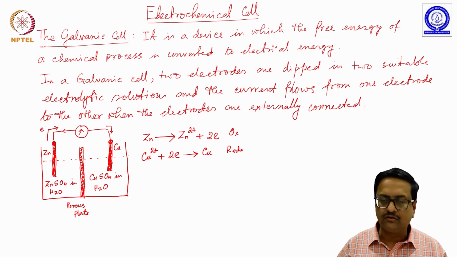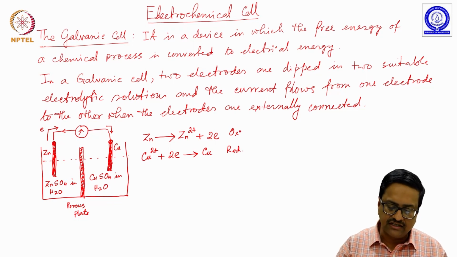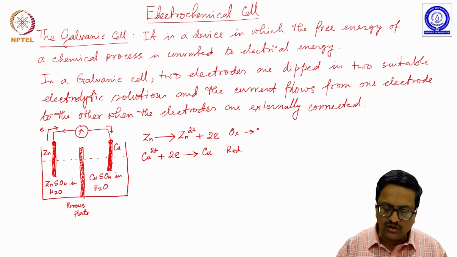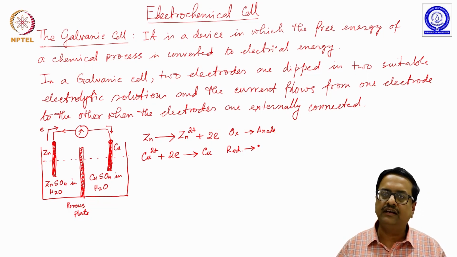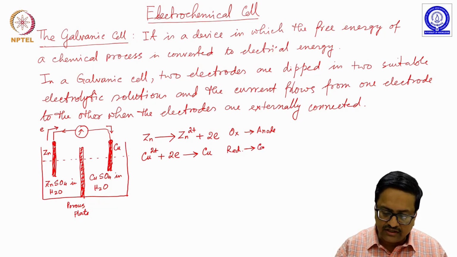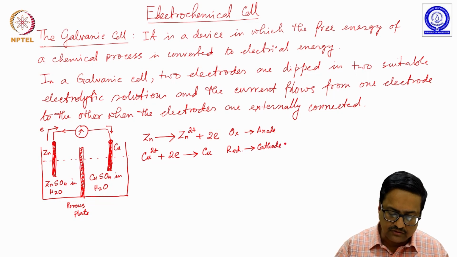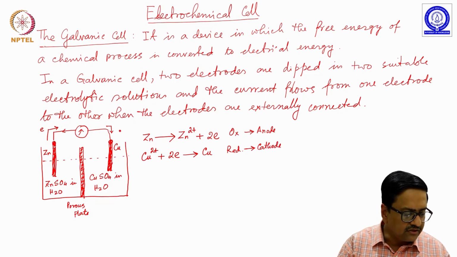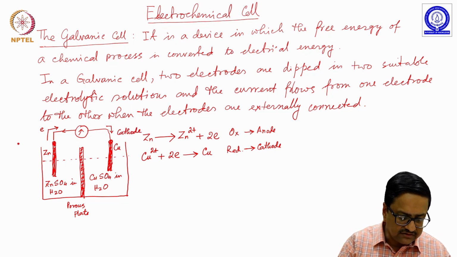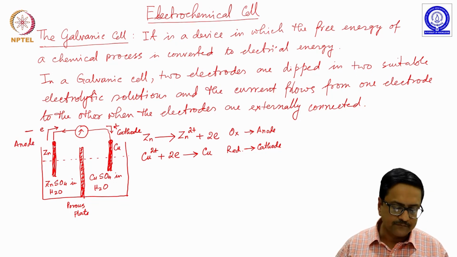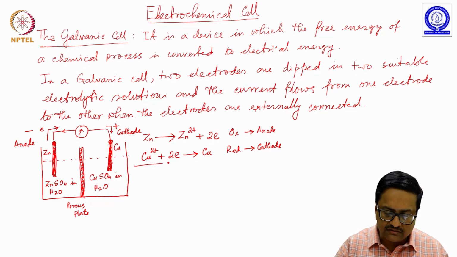As we all know, the electrode at which oxidation is taking place is called the anode, and the electrode at which the reduction is taking place is called the cathode. So this is the side where it is cathode and this is the anode, the negative side and the positive side of the cell. So what is the overall cell reaction?